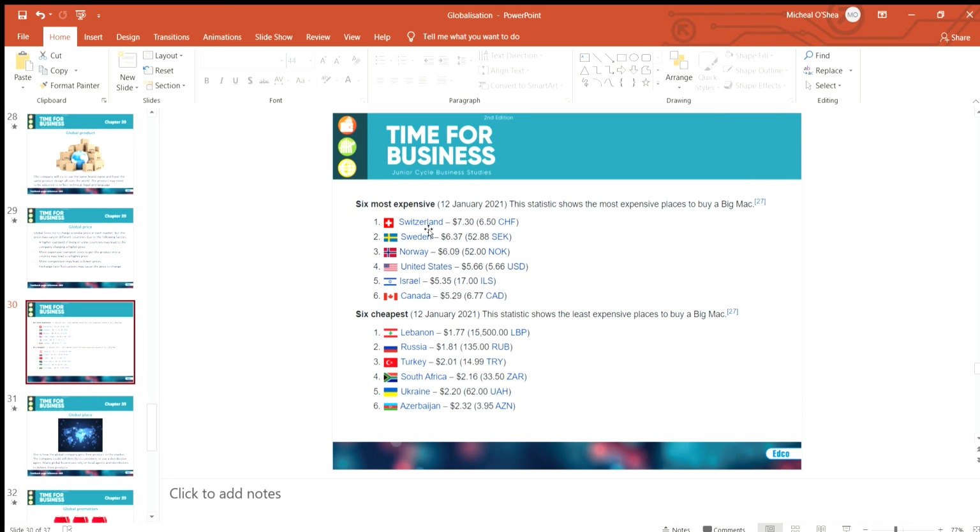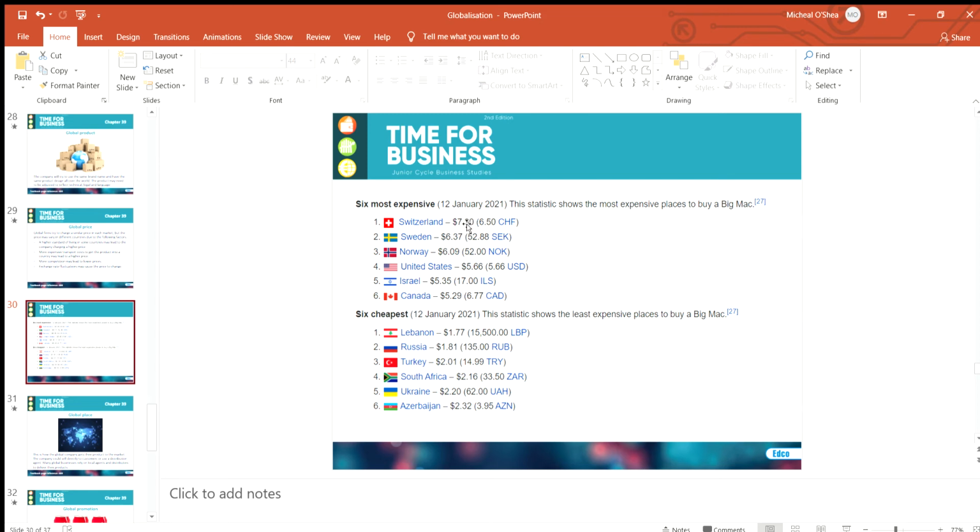So this is the price of Big Macs in the 6 most expensive areas around the world, and then the 6 cheapest. And all of the prices have been changed to US dollars. So obviously, in all of these countries, apart from the United States, none of these countries actually use US dollars as their currency, but it's just been exchanged. The price is what it would cost in the US.